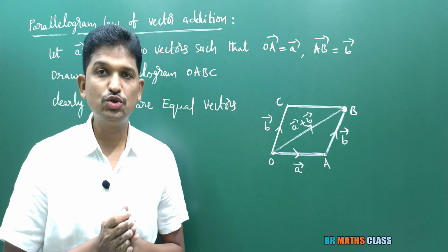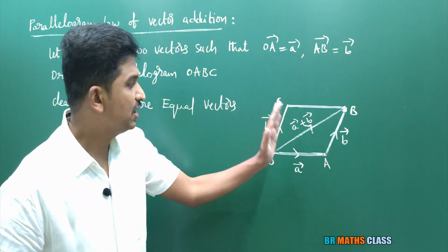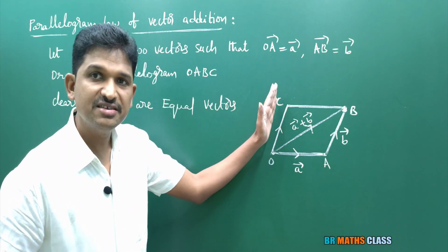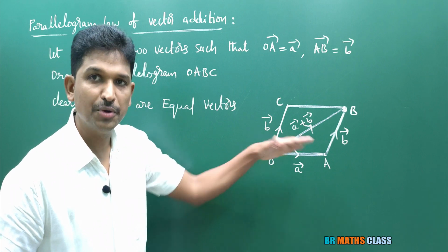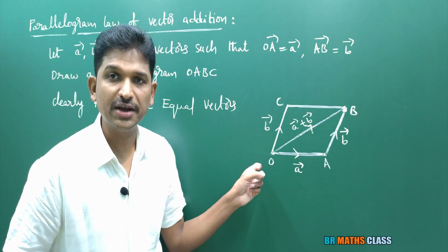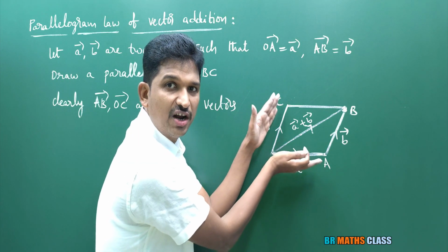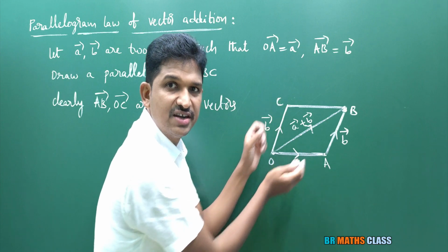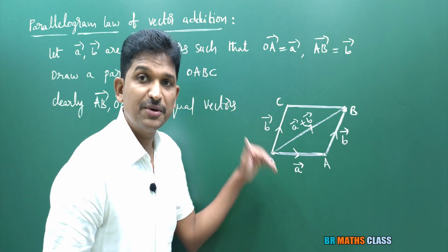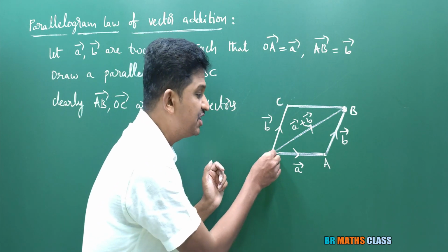Here what you need to know is, what is parallelogram law? You observe OA bar, OC bar. They are the adjacent sides of a parallelogram with the same initial point. And OB bar is the diagonal with the same initial point. In a parallelogram, if A bar, B bar are the adjacent sides with the same initial point, then A bar plus B bar is one of its diagonals with the same initial point.